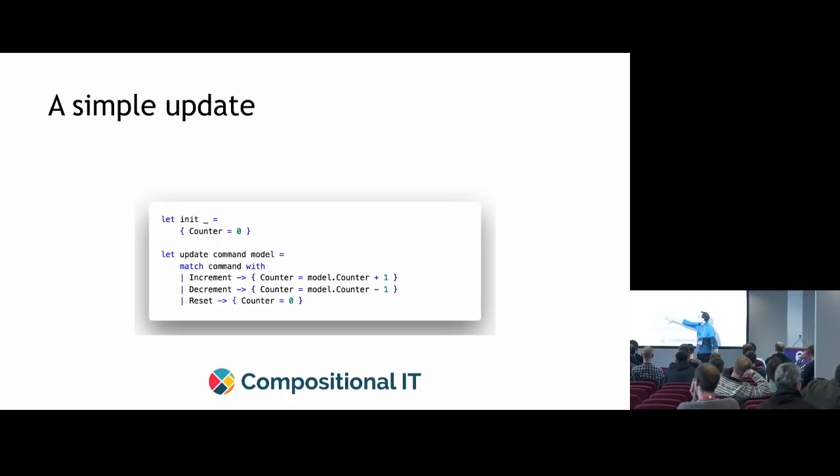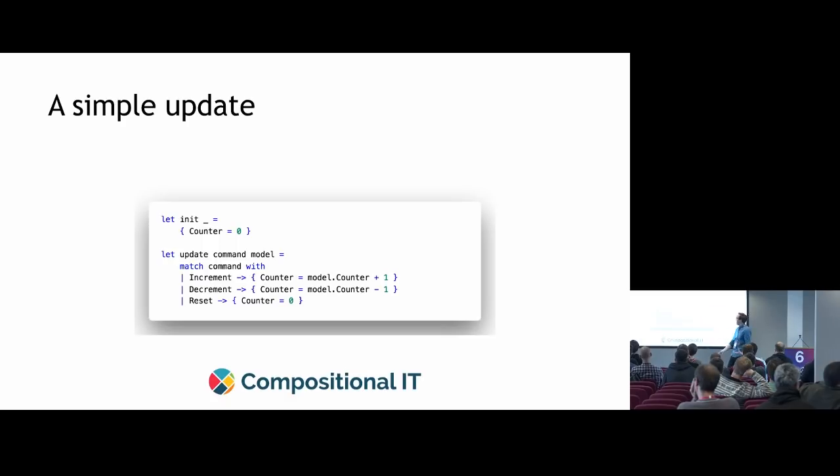Then, within the update, we take in two things: the command or event and the current model. So then all we do is match the command with the three options that are available: increment, decrement, and reset. And we generate a new state based on that.